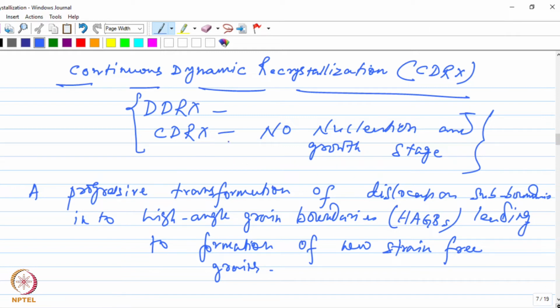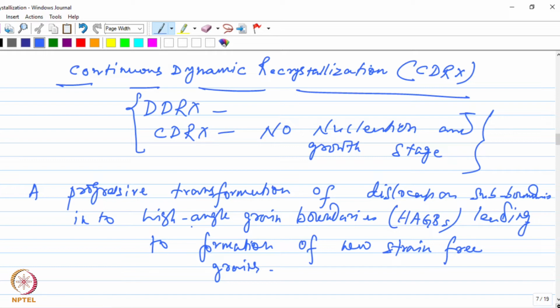And then we started talking about the CDRX process, and it is quite different from DDRX in the sense that in this phenomenon, there is no well-defined nucleation and growth stage. Rather, it occurs uniformly across the lattice through a process which involves progressive transformation of the dislocation subgrain boundaries into high angle boundaries.